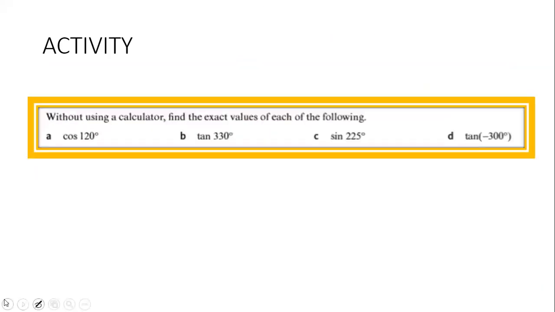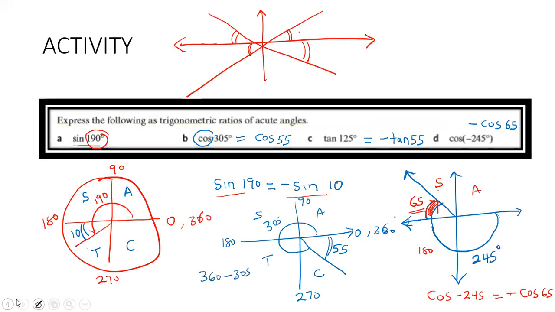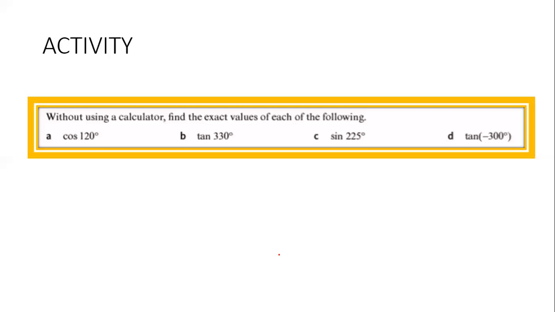Oh, have we done this? Okay, this is another practice number. Please take a screenshot.